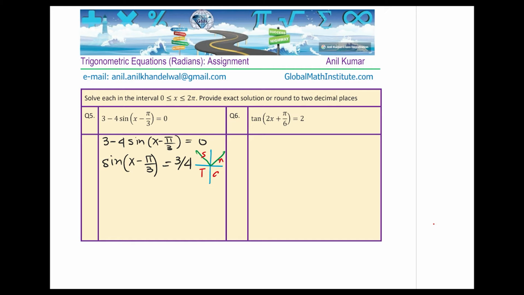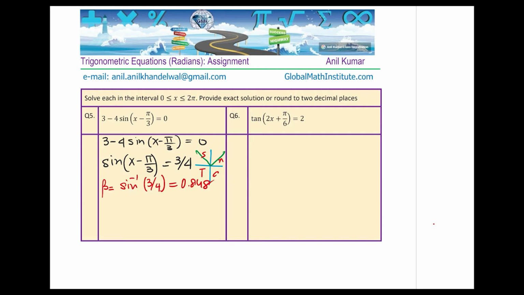So here the acute angle beta will be equal to sine inverse of 3 by 4, and that is equal to 0.848. The other solution will be, if that is the acute angle, pi minus this.